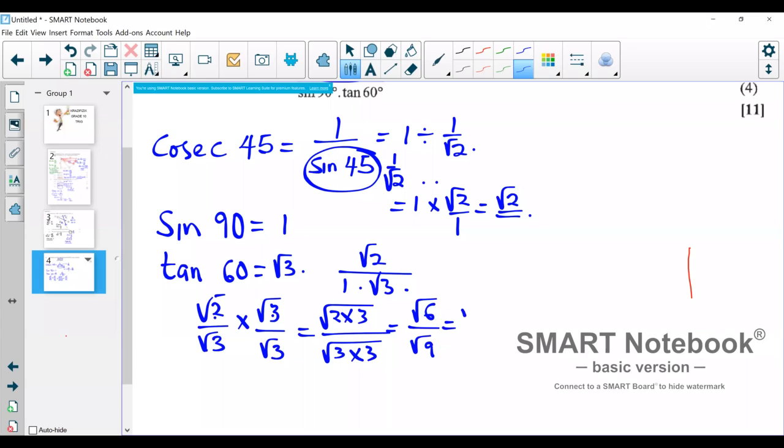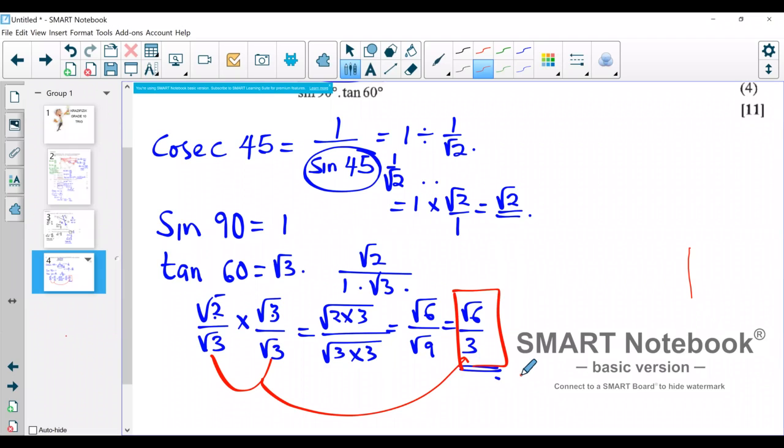So this is root 6 over 3, because this multiplied by this will just give us 3 straight. So this is your correct answer: root 6 over 3. Everybody okay? Any question?